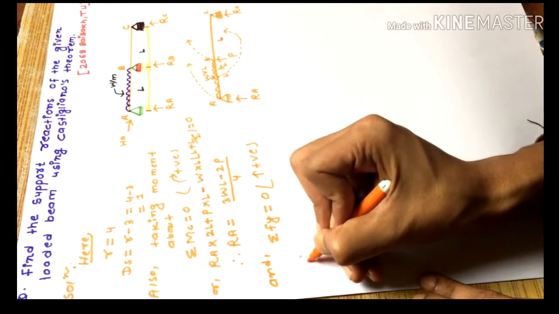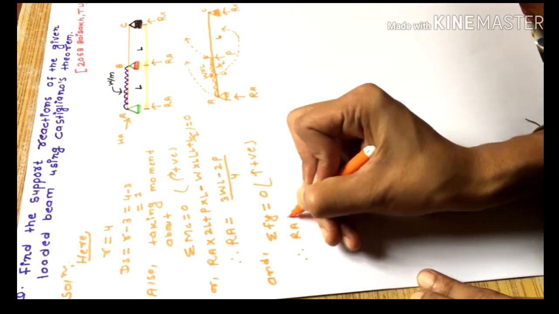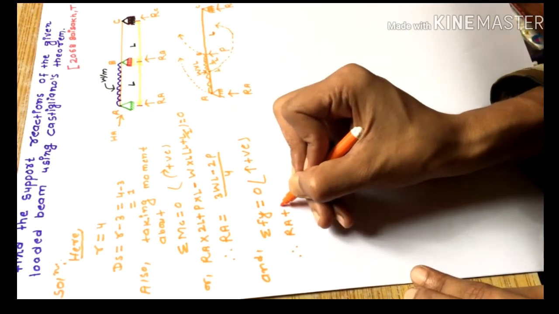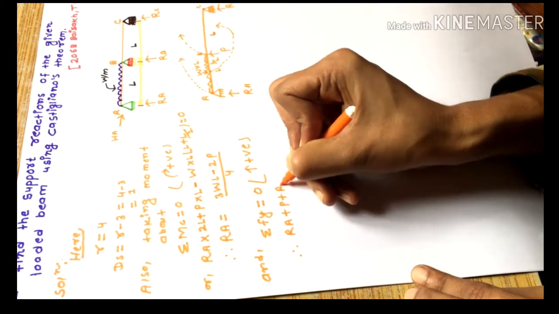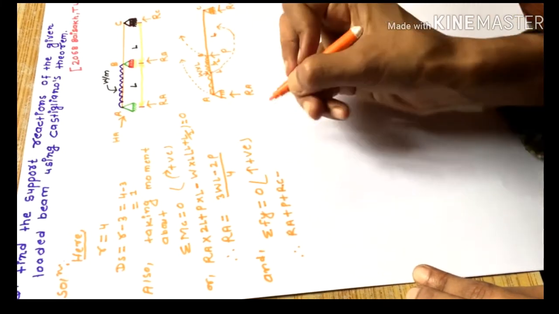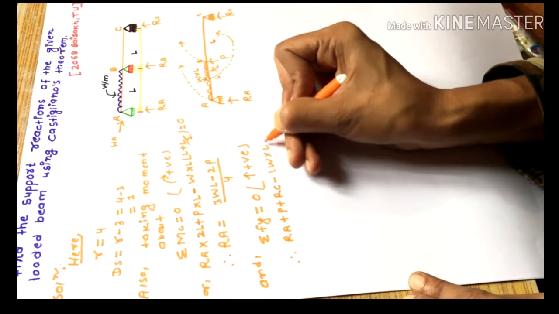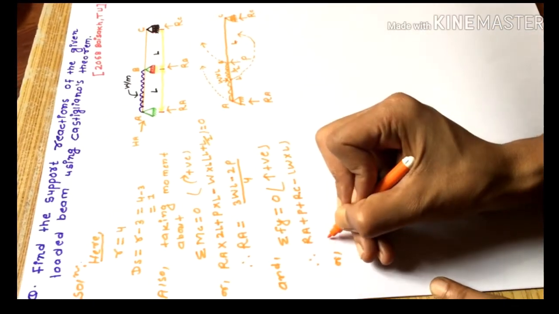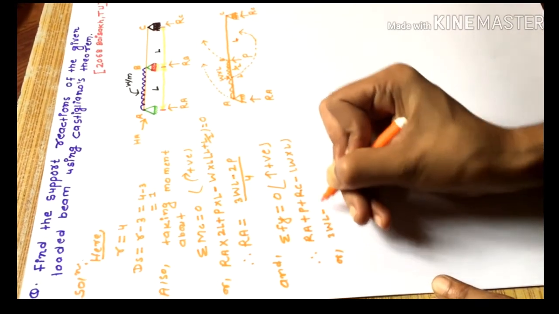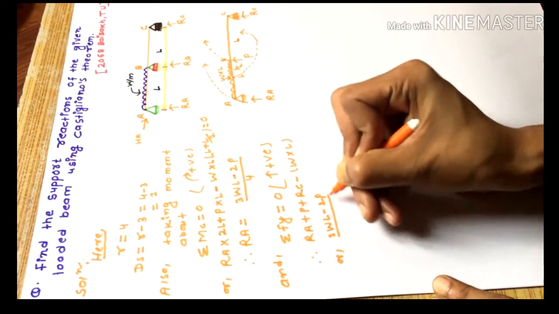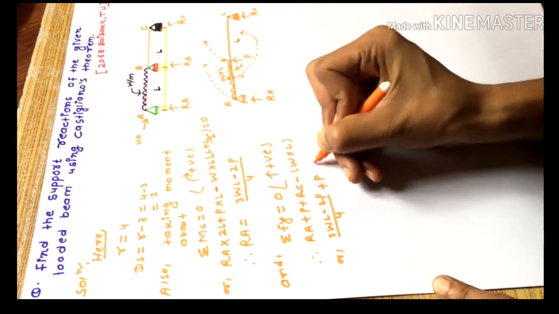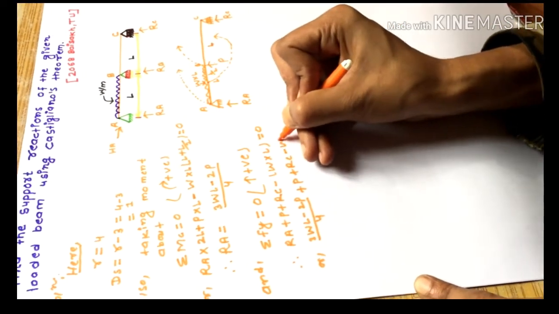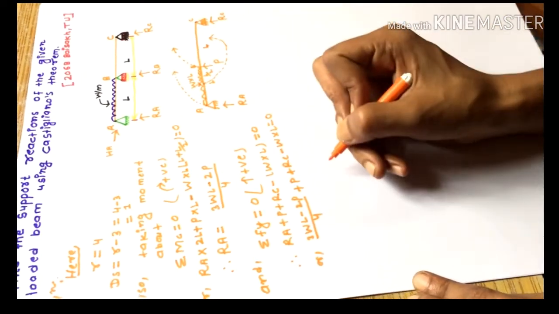So RA plus P plus RC minus W into L, or we can replace RA by 3WL minus 2P divided by 4, plus P plus RC minus W into L is equal to 0.